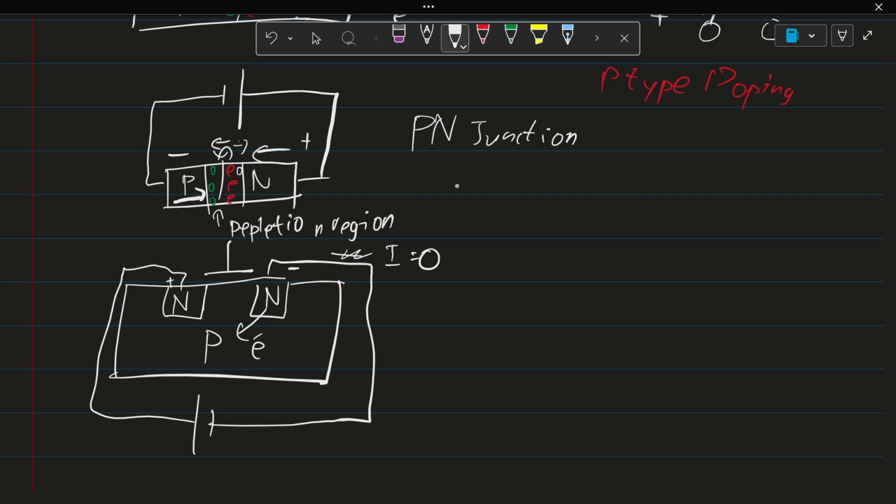But what if I apply a voltage here? That means that this will be higher in voltage, so electrons want to move in this direction. So it is contained within this very small surface.